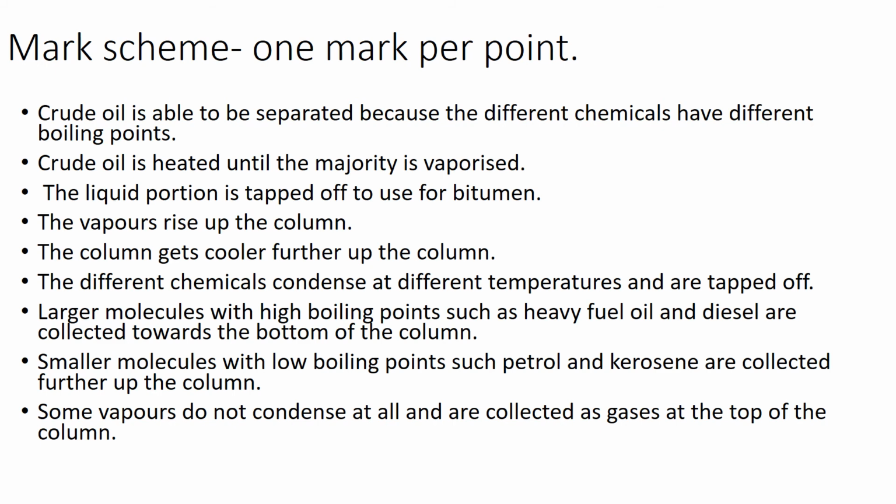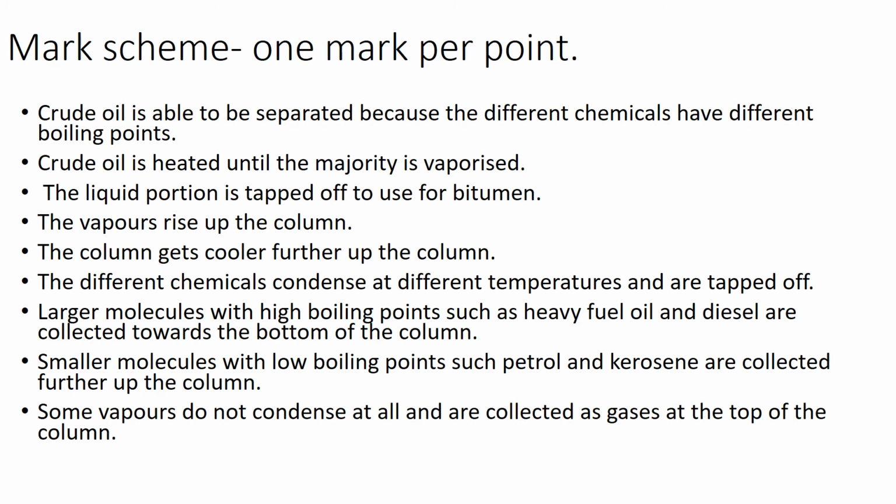Larger molecules with higher boiling points, such as heavy fuel oil and diesel, are collected towards the bottom of the column. And you could say this is because the molecules have a stronger force of attraction to each other because they are larger. That means they need more energy to overcome those forces in order to evaporate and boil.